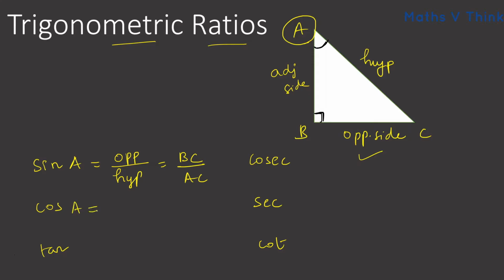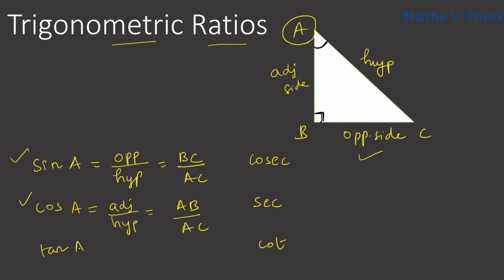Same way cos A. For angle A, the adjacent side is AB. So the formula is adjacent divided by hypotenuse, which is AB by AC. You need to remember the first two formulas. Sine is always opposite by hypotenuse and cos is always adjacent by hypotenuse.